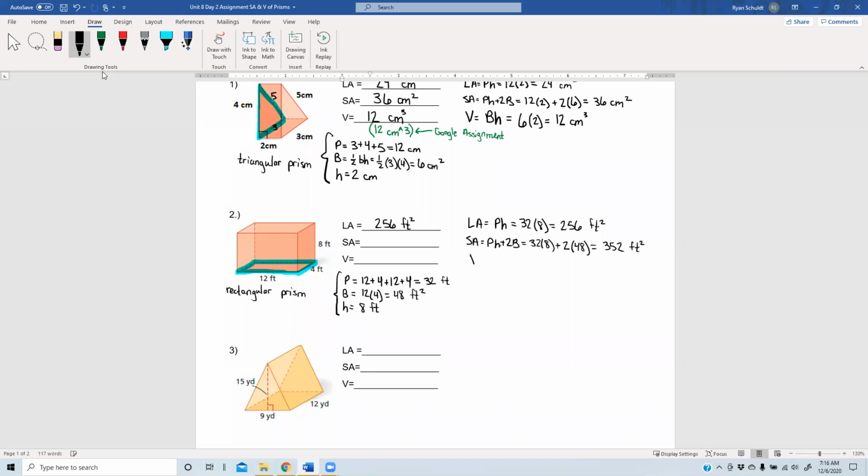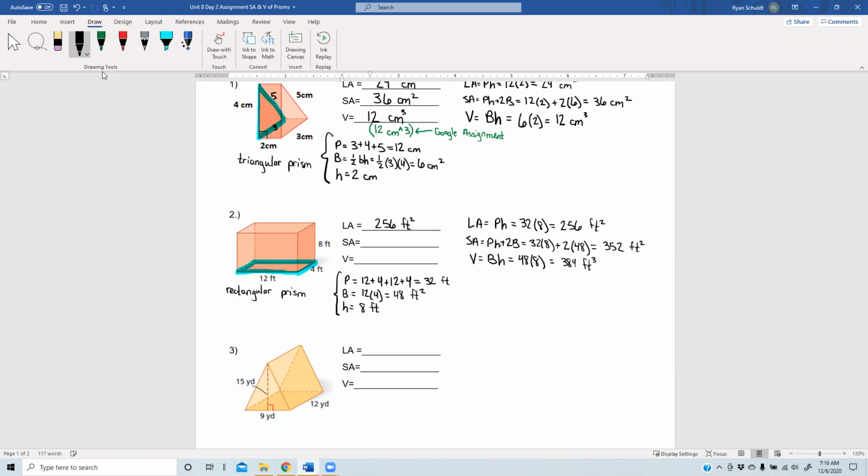And then we have volume, which is big B times H. Big B is 48, H is 8. 48 times 8 is 384 feet cubed.